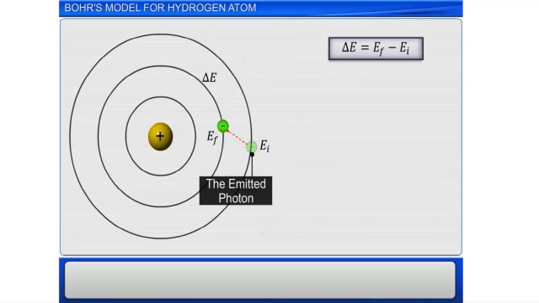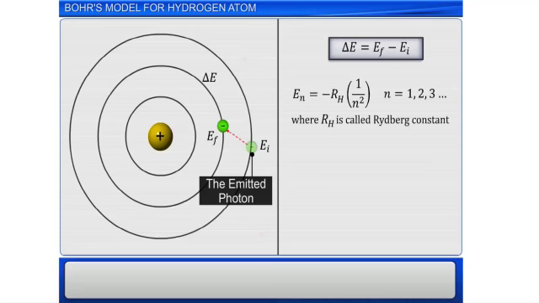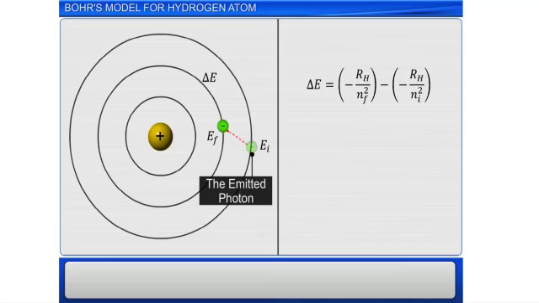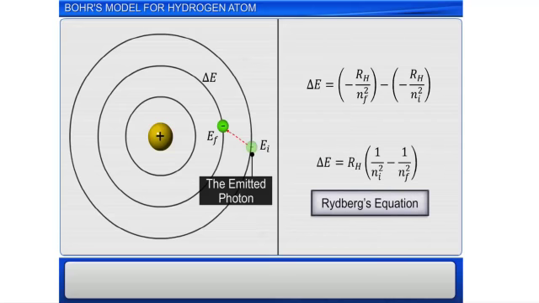Since the energy of a stationary state is given by the equation En is equal to minus of Rydberg's constant multiplied by 1 divided by n square, we can substitute E final in the energy change equation by minus RH divided by n final square and E initial by minus RH divided by n initial square, to get an equation similar to the expression used by Rydberg.